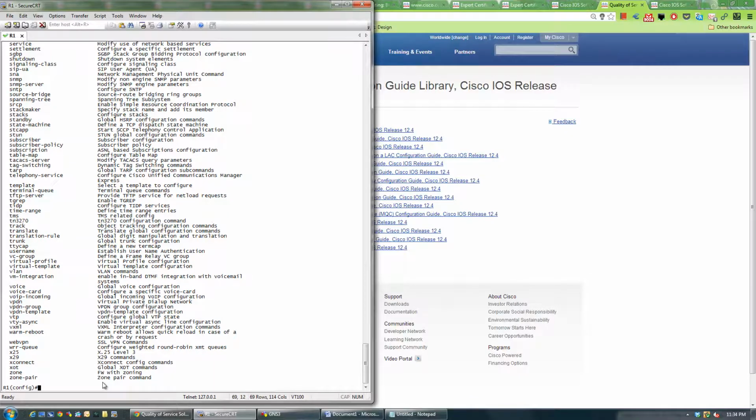But Xconnect, I didn't know what Xconnect was before I started studying for my CCIP. I said, why Xconnect? And then okay, Xconnect is used for any transport over MPLS for layer 2 VPN services.